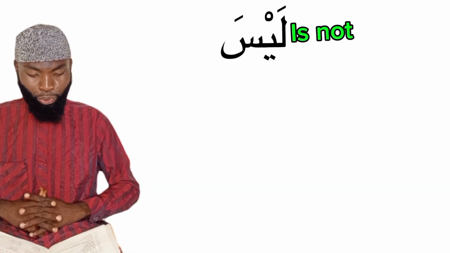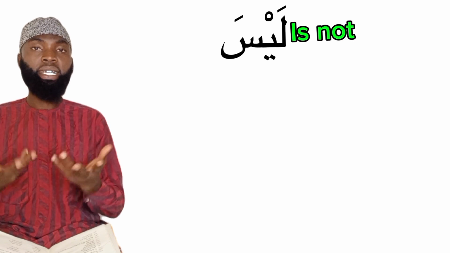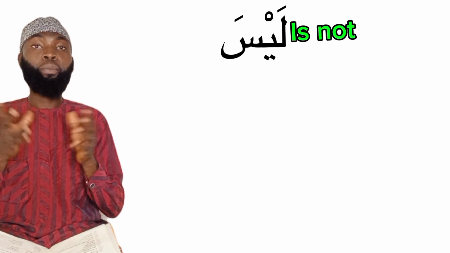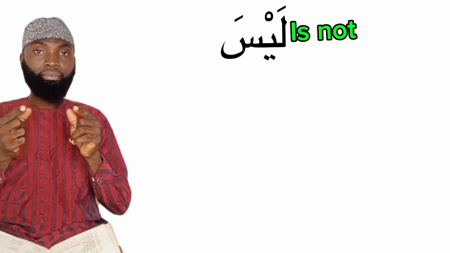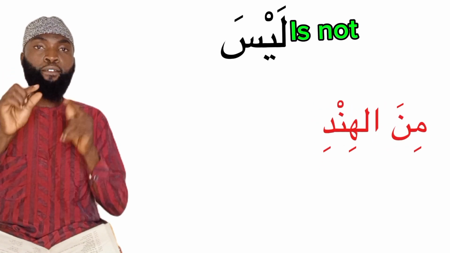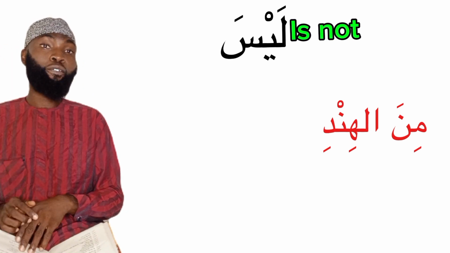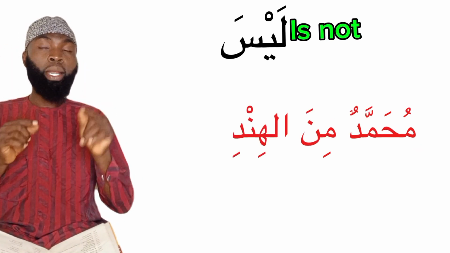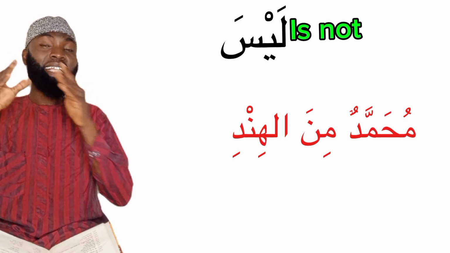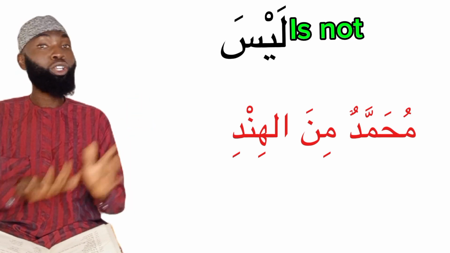Now another thing to note from this word laysa is that when we have a prepositional phrase, a phrase which has min, like when I say min al-hindi, from India, we will not put the bi which we have talked about before. Like when I say Muhammadun min al-hindi, Muhammad is from India. Now this is also a nominal sentence, like we have Muhammadun maridun.